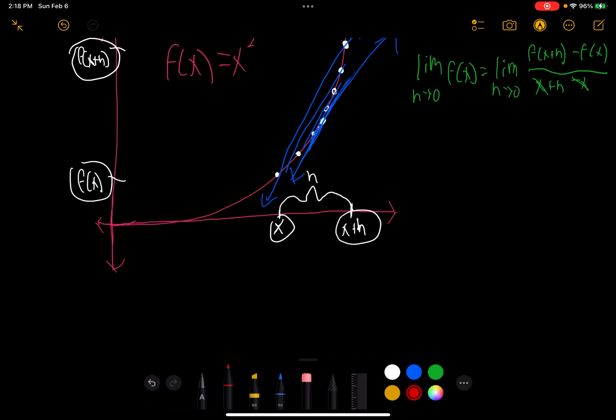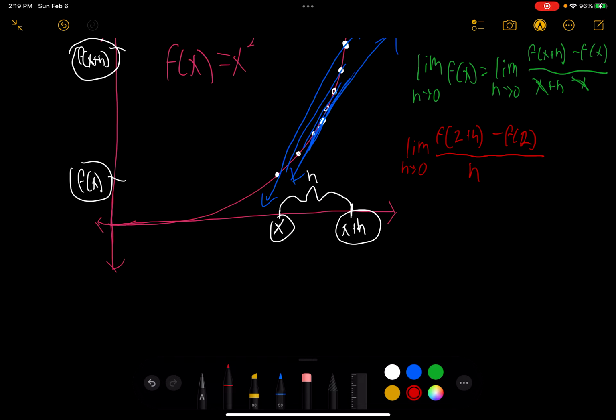Let's use red. The limit as h approaches 0, but instead of f of x, it's going to be f of 2 plus h minus f of 2, over h.